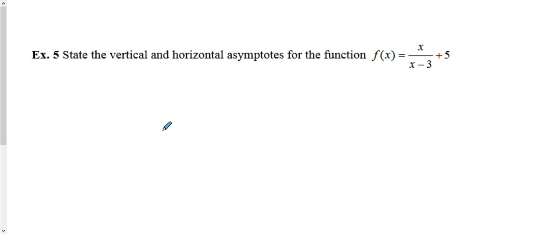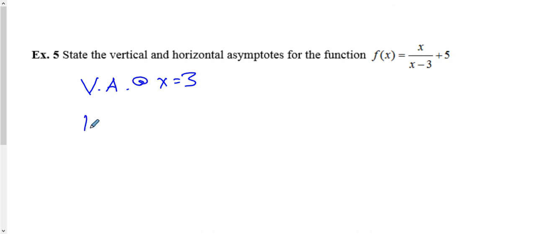In example number 5, it says state the vertical asymptote and horizontal asymptote of this function. So again, we're not really doing too much here. Let's look at our denominator first for our vertical asymptote. What can't x be? X cannot be positive 3, because then you'd make a 0 there. So you have a vertical asymptote at x equals 3.